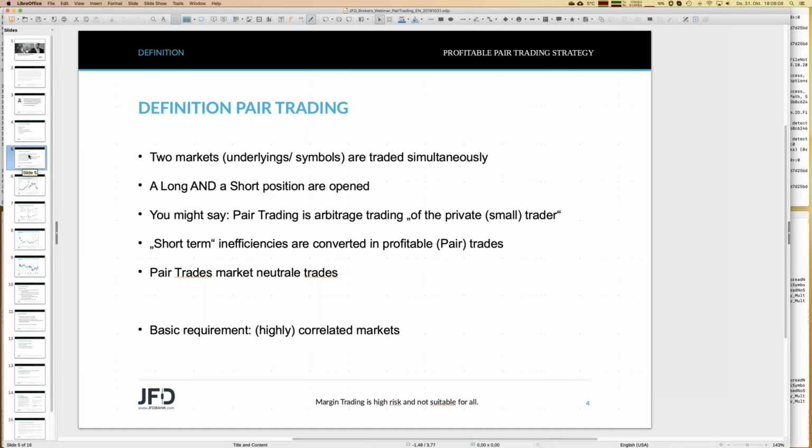Let's do another virtual experiment. Let's think about we are trading the DAX as an index. We can trade that at JFD, and we would trade simultaneously the so-called FDAX, the future on the DAX.